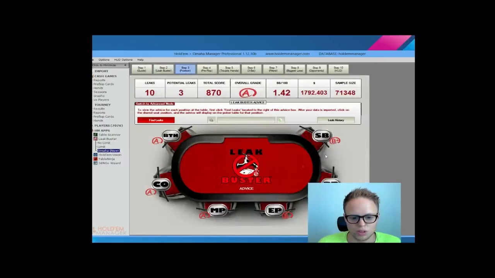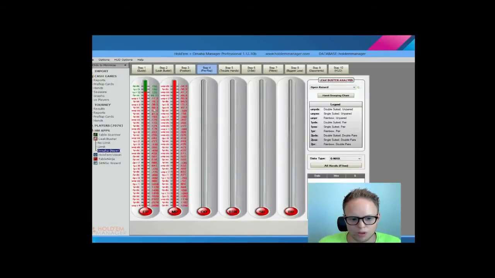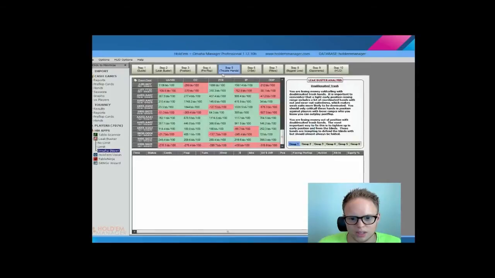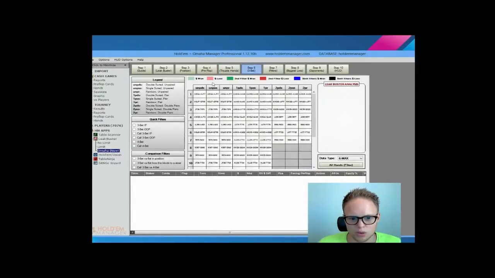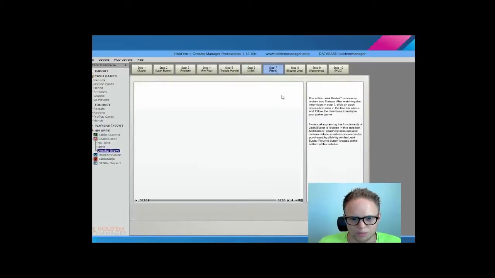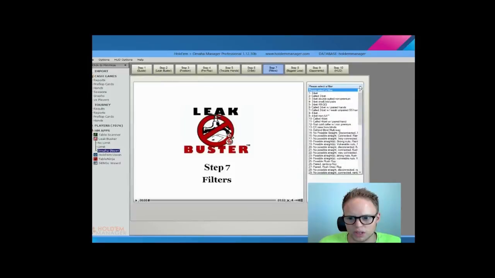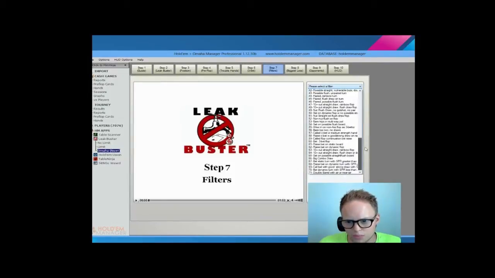You can look at your positions, how you're doing from them, and your pre-flop hands, like what types of hands you're losing with, what types of hands you're winning with, and your trouble hands. You can look at your 3-betting ranges, in position, out of position, and when you're winning, when you're losing, everything. And you can look at specific filters.